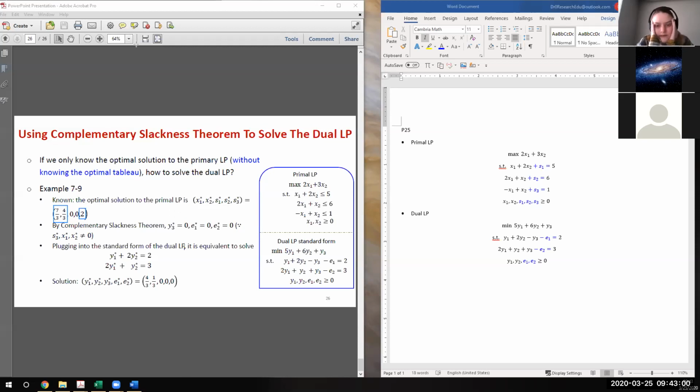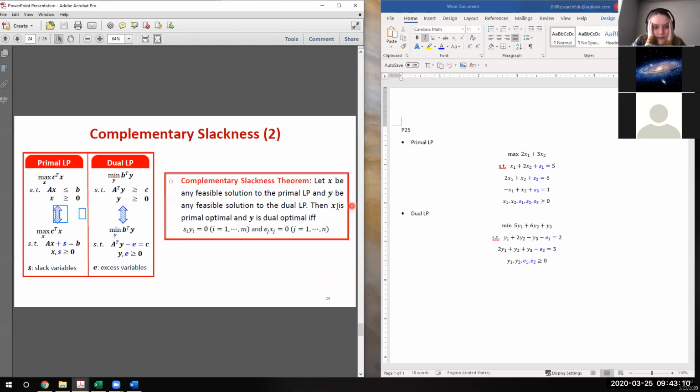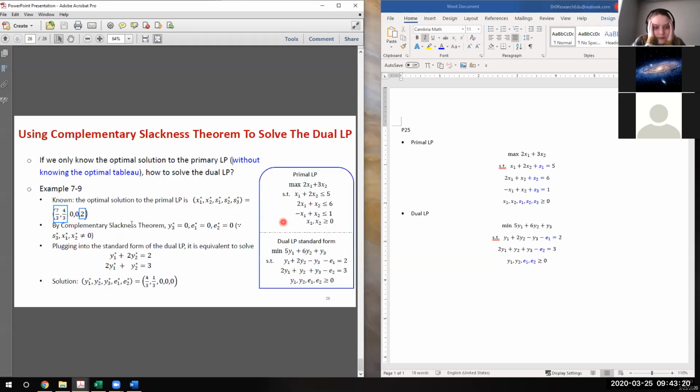By complementary slackness, what do we have? We say that x is primal optimal and y is dual optimal if and only if si yi must be 0 for all i's, and ej xj must be 0 for all j's, right? Now your x1 is already non-zero. This tells you your e1 must be 0.